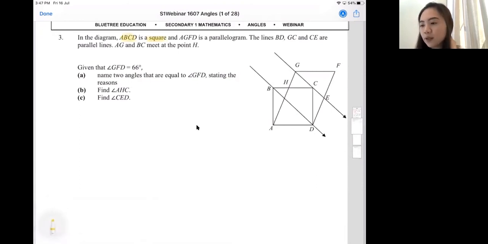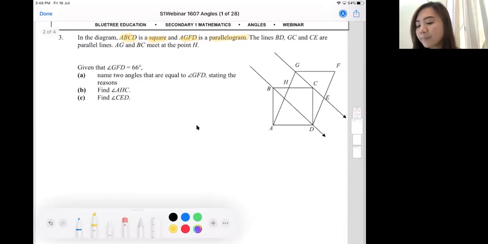ABCD is a square. AGFD is a parallelogram. So with that, you have to recall all the angle properties of a square and a parallelogram. In a parallelogram, opposite angles are equal.